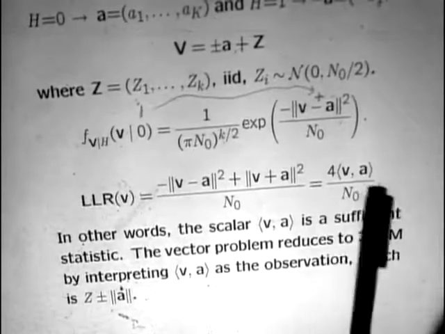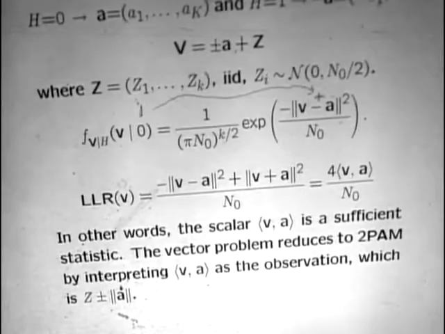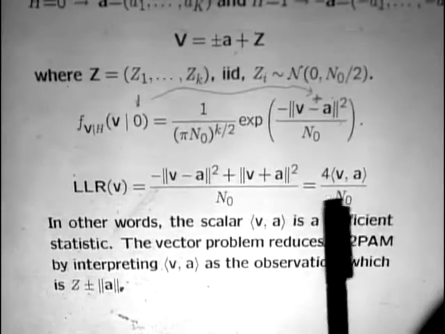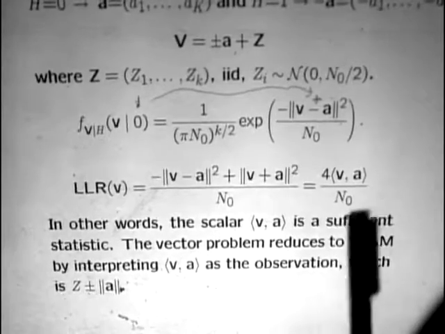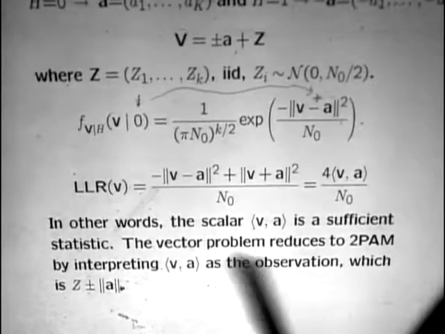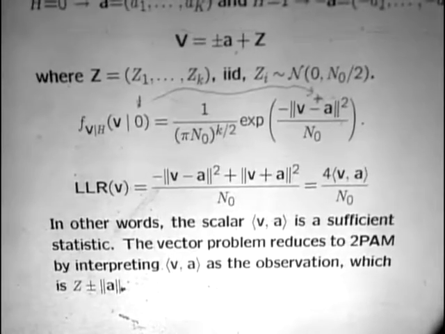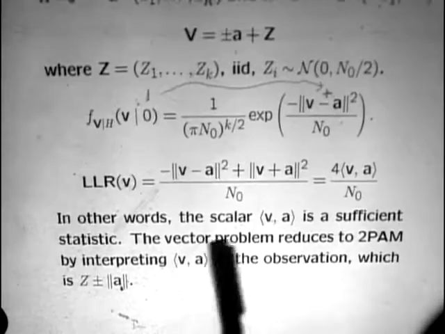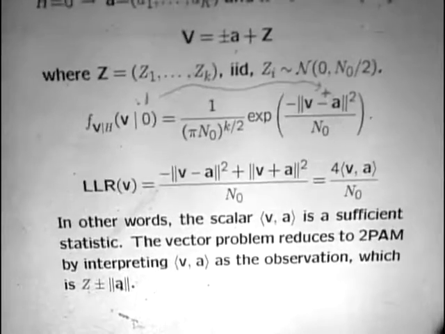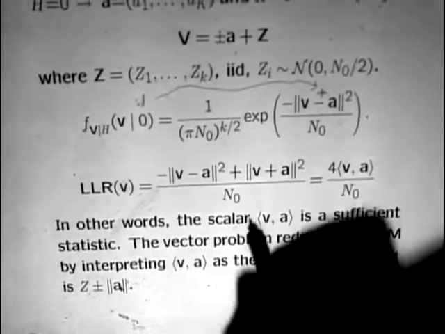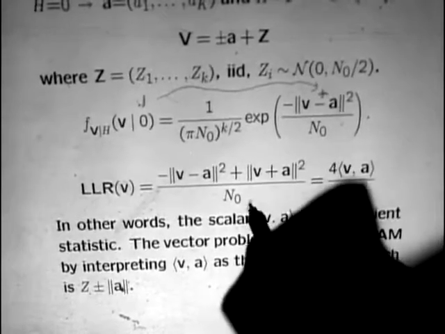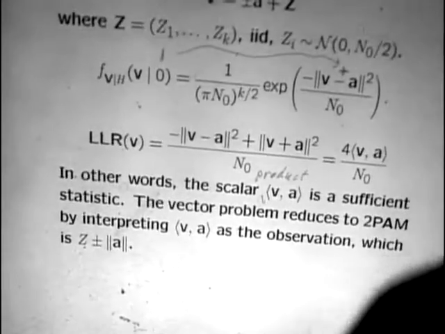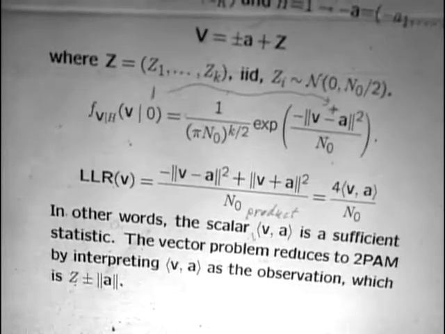And strangely enough, you get almost the same formula you got before, except here you have the inner product of v with a instead of just the product of v times a. So in fact, we just have a slight generalization of the thing that we did before. In other words, the scalar product is a sufficient statistic.